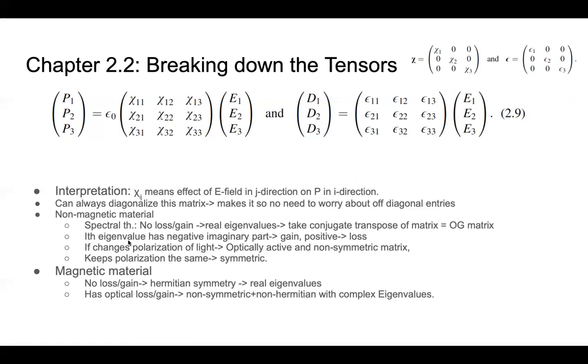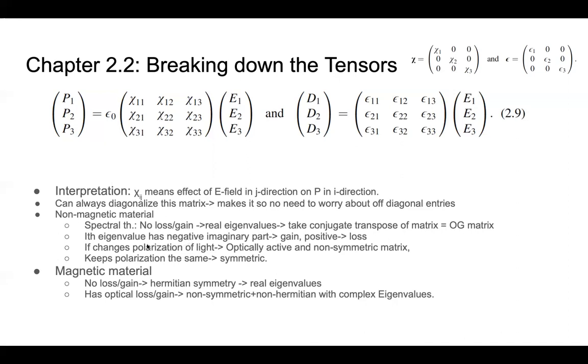If the ith eigenvalue has a negative imaginary part, it means you get an optical gain in the ith direction. Let's say the x eigenvalue gives you a negative imaginary part, then you get a gain. If it's positive, then you get a loss. That means you lose light, basically.